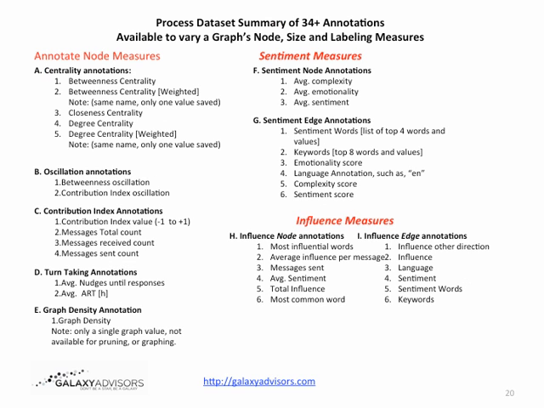Here's a summary of the 34 annotations available to vary a graph's node size and labeling measures.